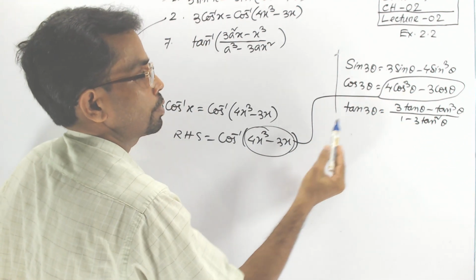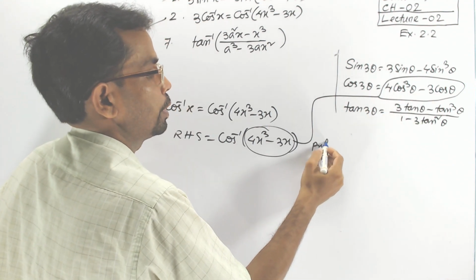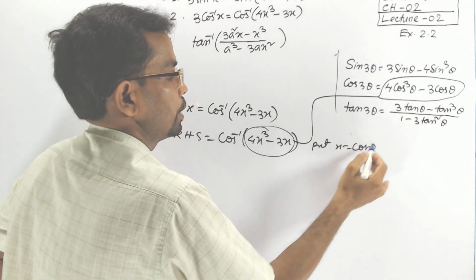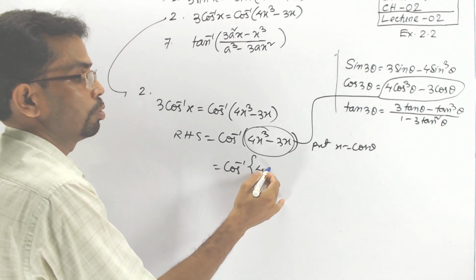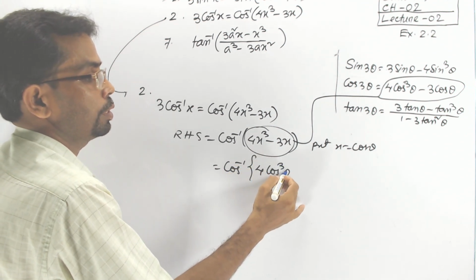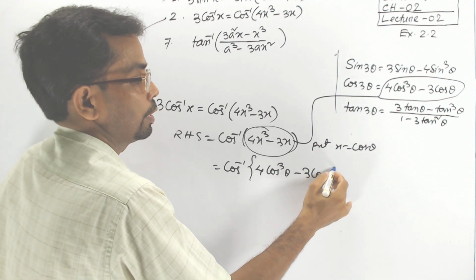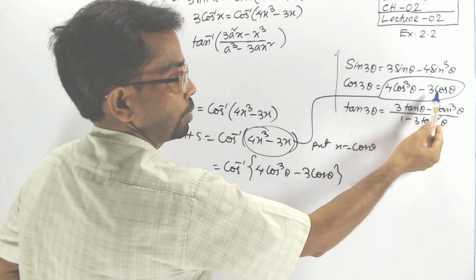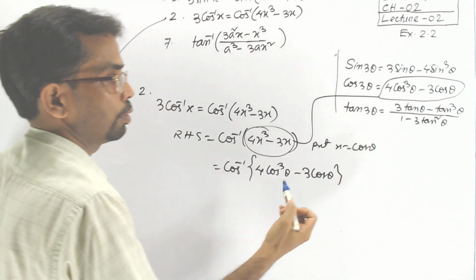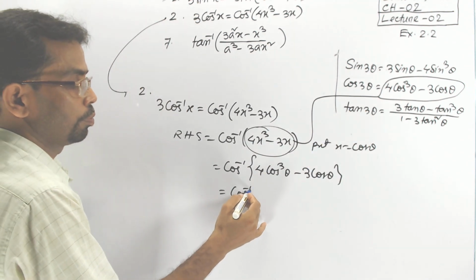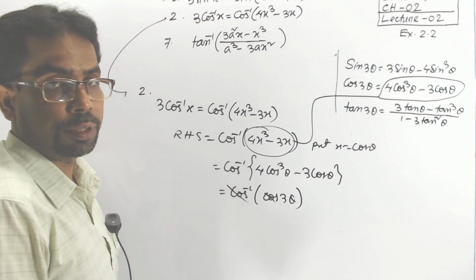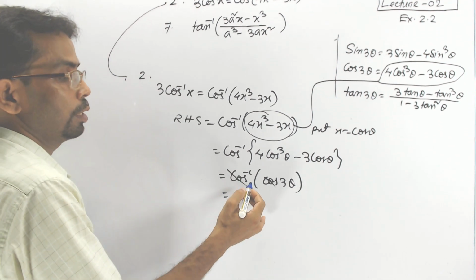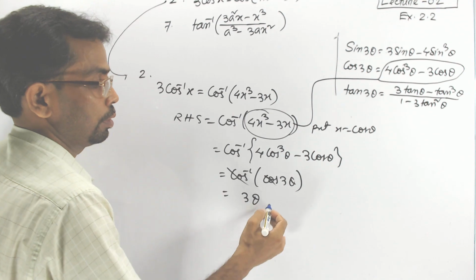In place of x, cos theta is there, so we'll put x is equal to cos theta. Then 4x cube is 4 cos cube theta minus 3 cos theta, and this is the identity of cos 3 theta. So we can cancel cos inverse cos, and after cancelling, remaining only 3 theta.